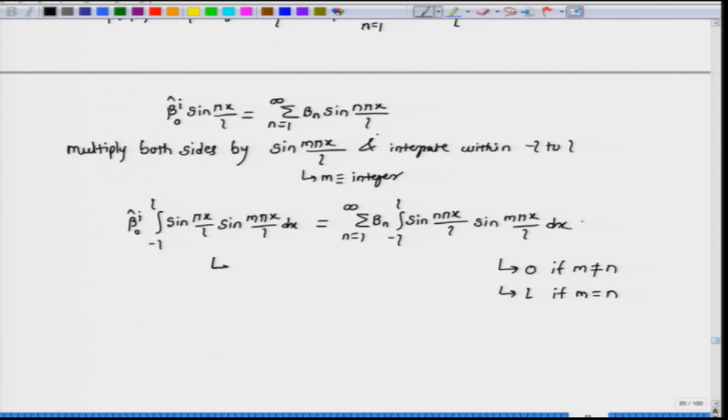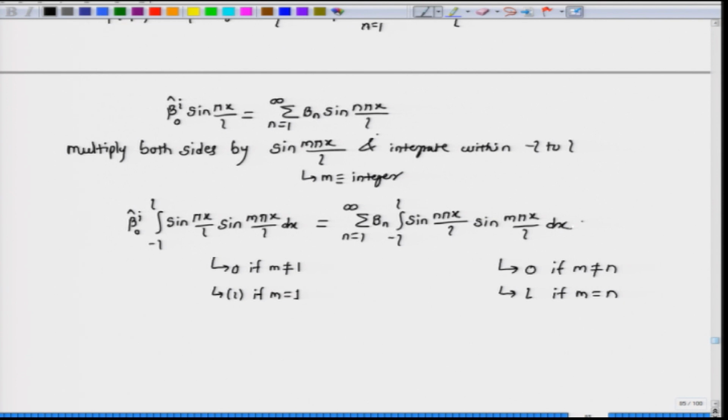Similarly, on the left hand side, it is a similar integral with n equal to 1 here. So, this has the value of 0 if m is not equal to 1, and it has a value of L if m is equal to 1.